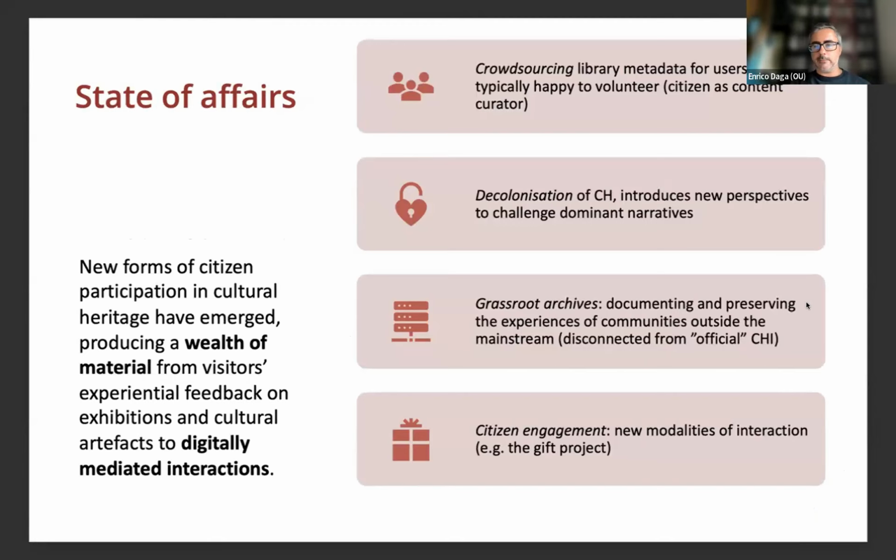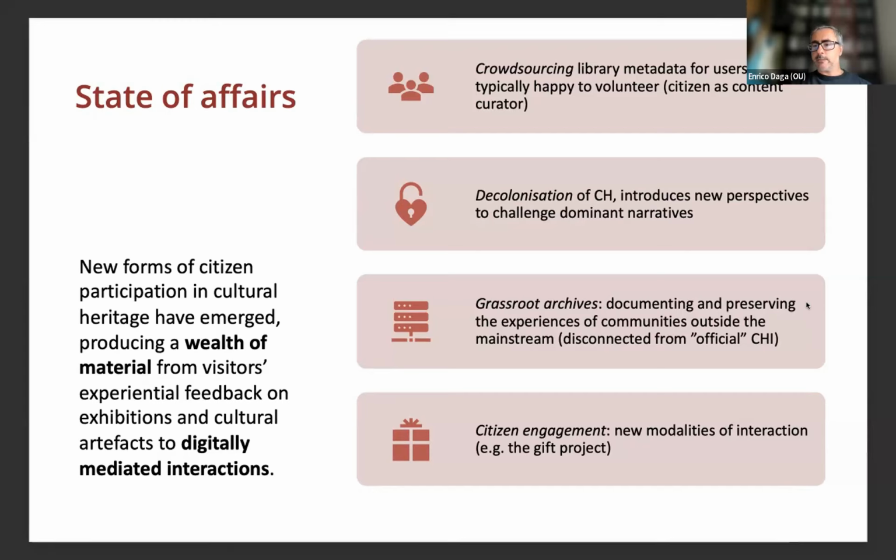There have been many different directions for doing that, from using citizens to curate library metadata, but this mainly targets citizens that are willing to contribute, that are probably already engaged with cultural heritage. There are recent attempts to include alternative perspectives into the curation of cultural heritage, particularly to challenge dominant cultural narratives.